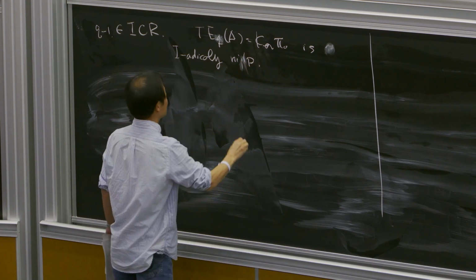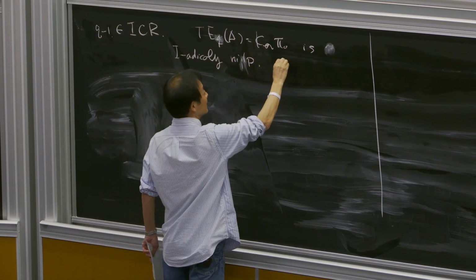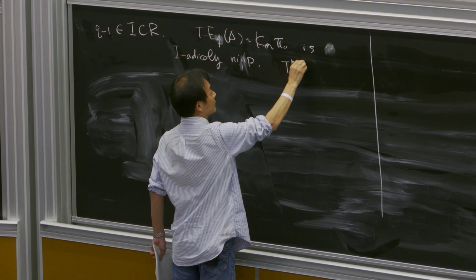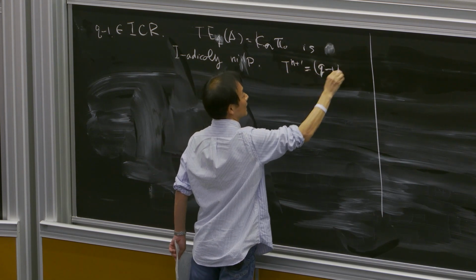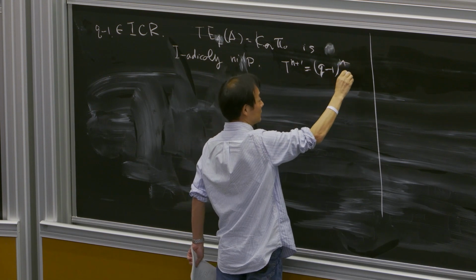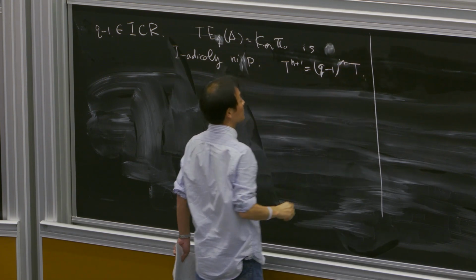This is easy to see because the (n plus 1)th power of t is q minus 1 times the nth power of q minus 1 times t.